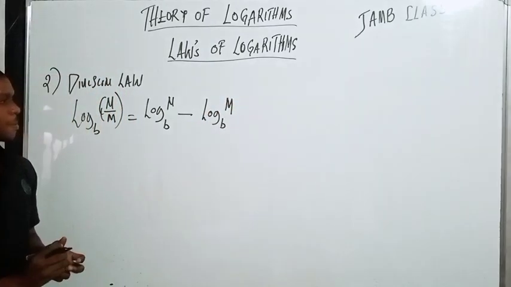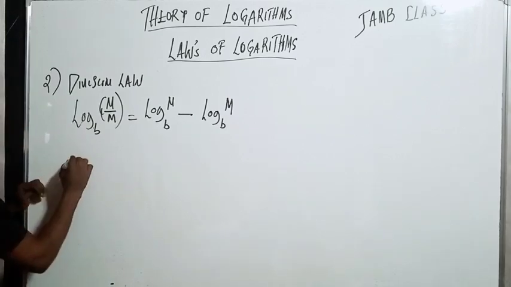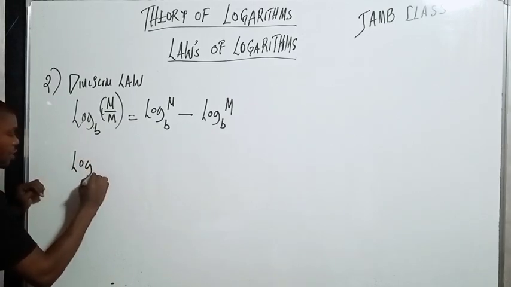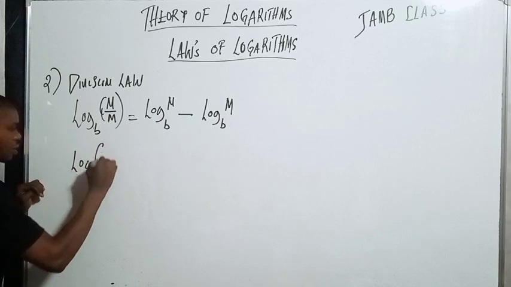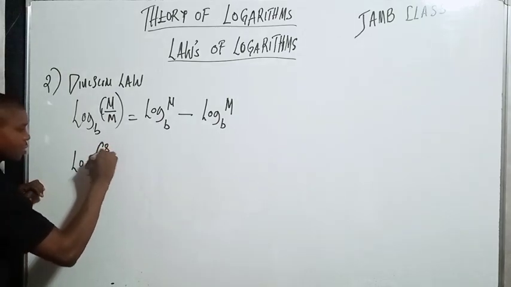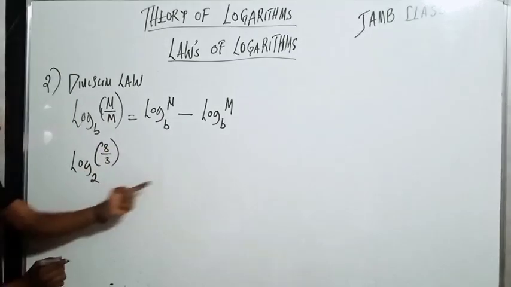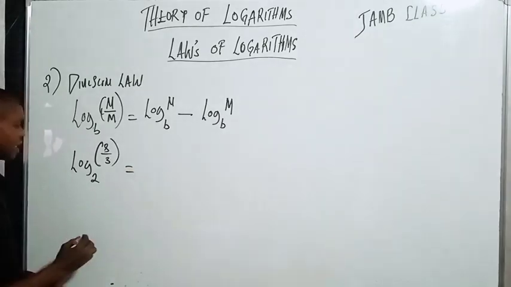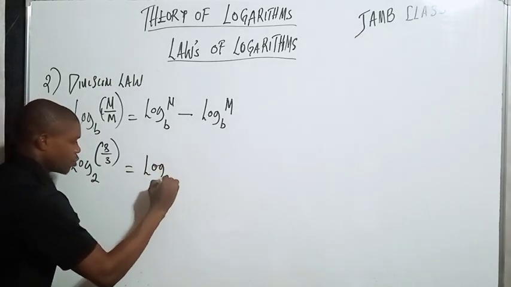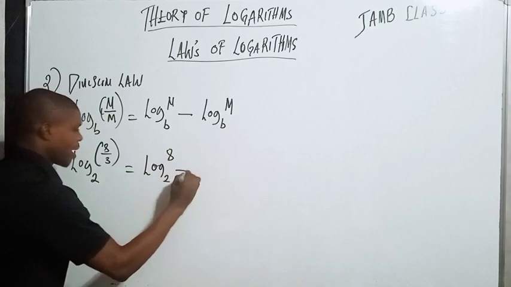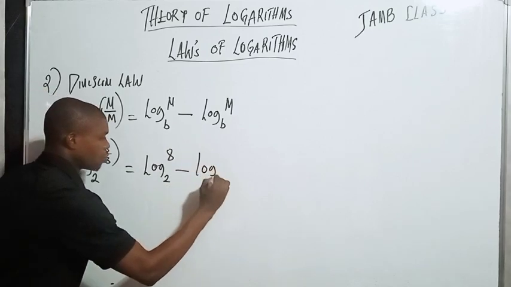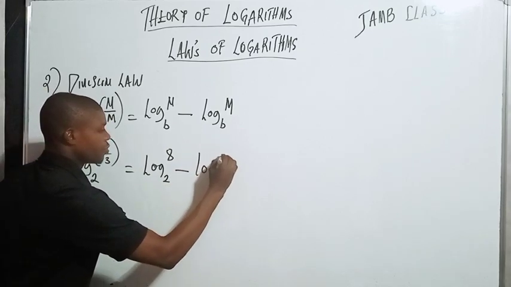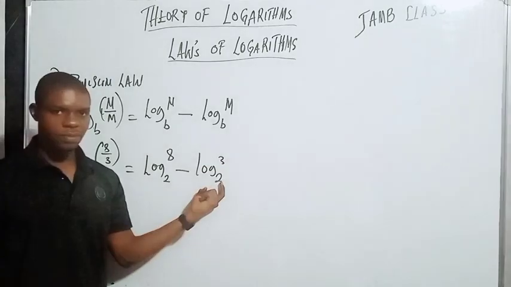So if for example you have log 2 of 8 over 3, this can also be seen as log 2 8 minus log 2 3. Can you see that? As easy as that.